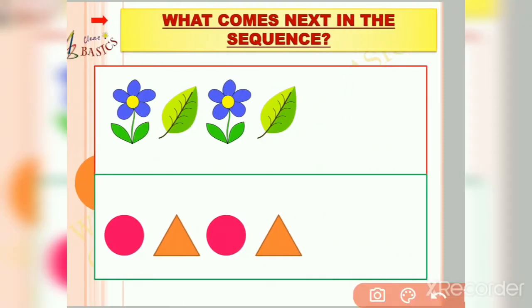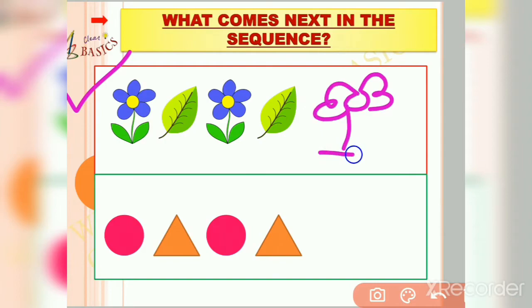In this slide we can see there is a series of flower and leaf. So friends, can you tell me what will come next in this series? Yes, you are right. Next will come a flower and then a leaf.